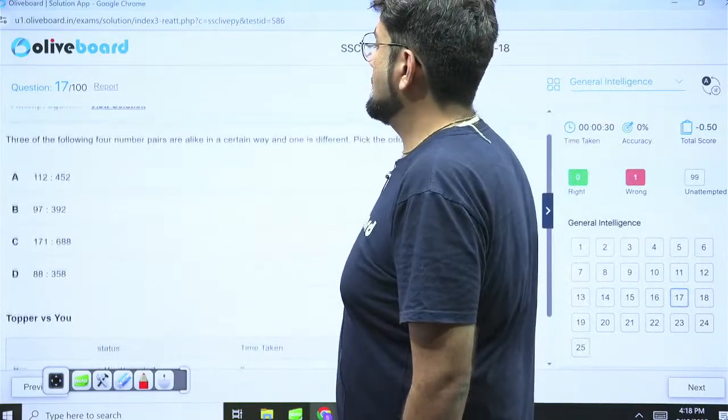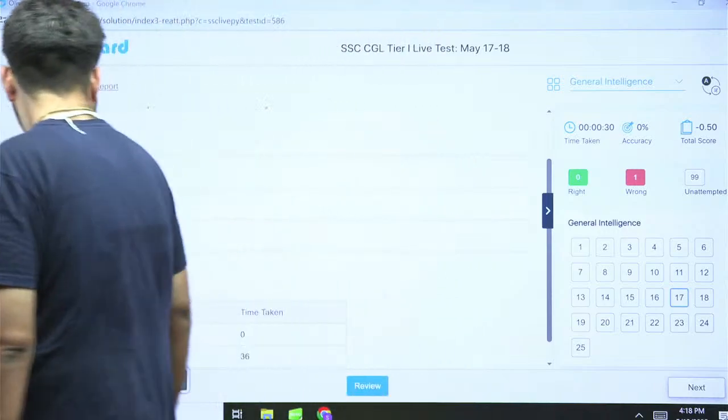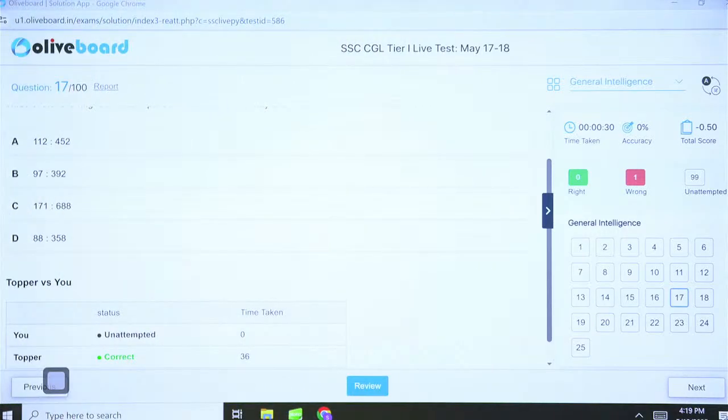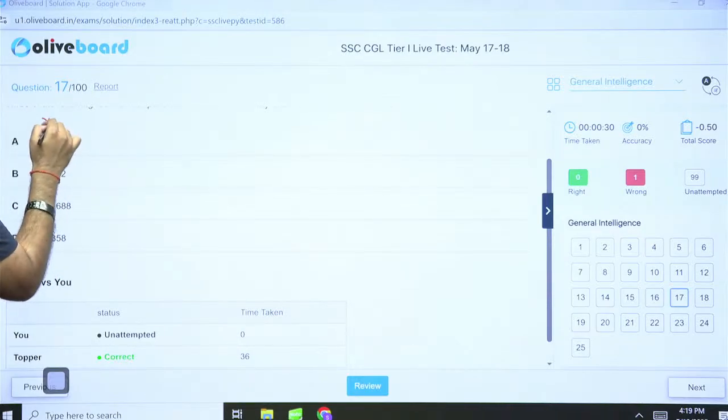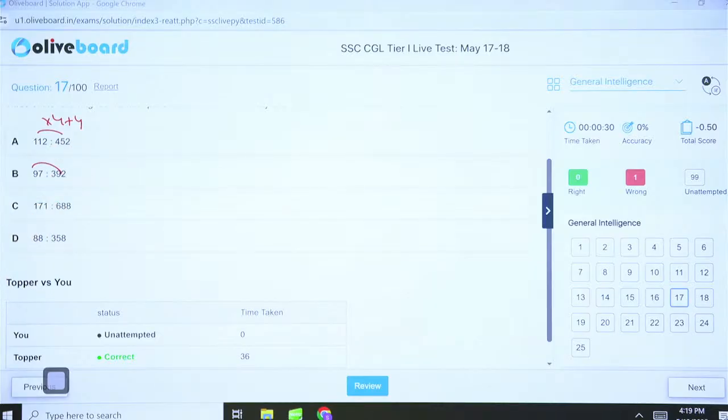Next, question number 17. Check. $448. This is multiplied by 4 plus 4. 100 into 4, 400 minus 3 into 4, 12 plus 4, 388 plus 4, 392 into 4 plus 4. 88 into 4, 320 plus 32, 352 plus 4.